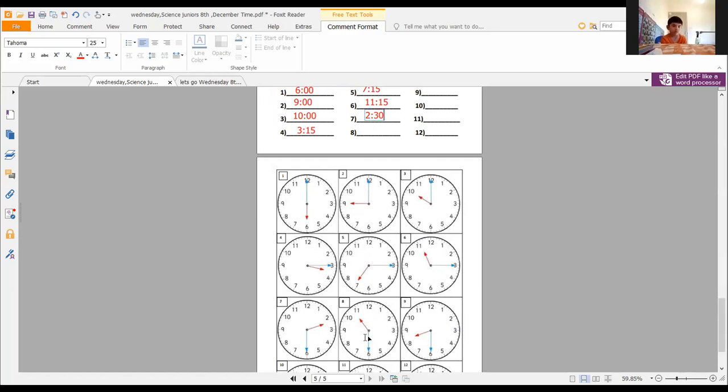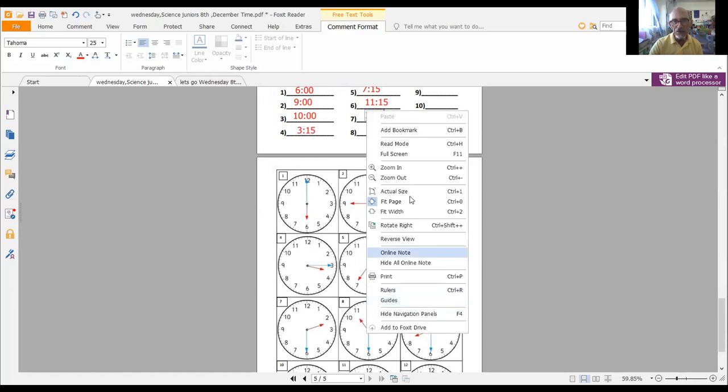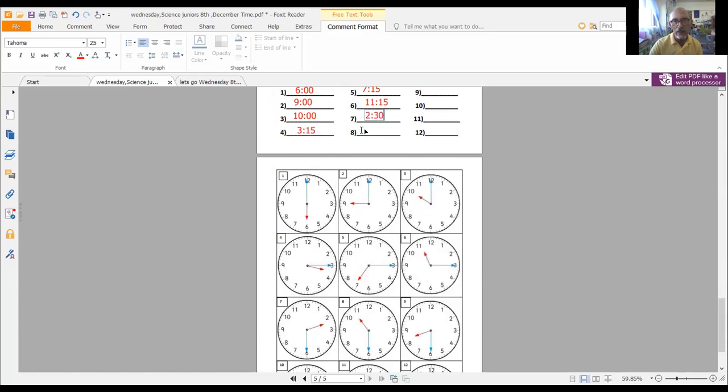Look at number 8. The minute hand is on the 6. The hour hand is just past the 10, not quite to 11. So that means the hours, there's 10 hours, right? 10.